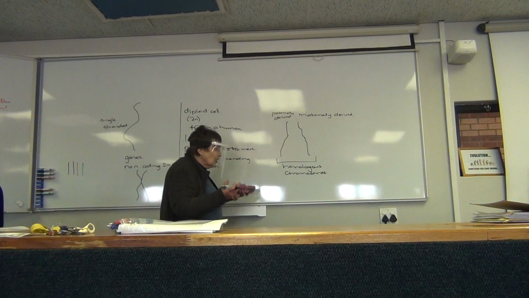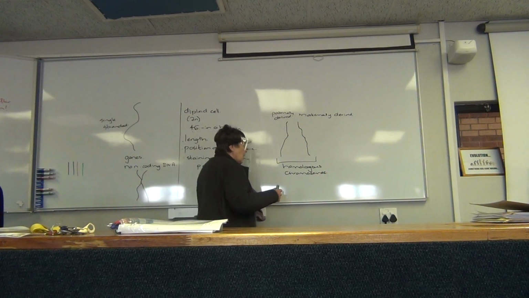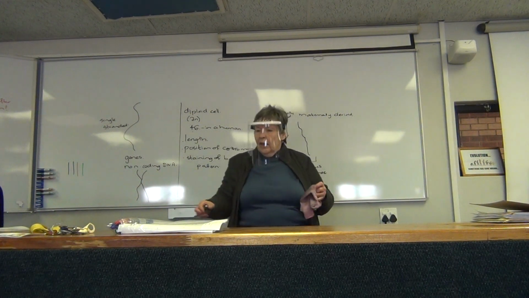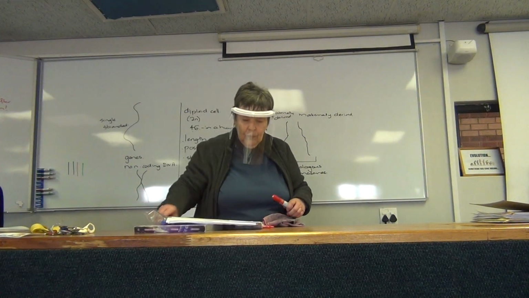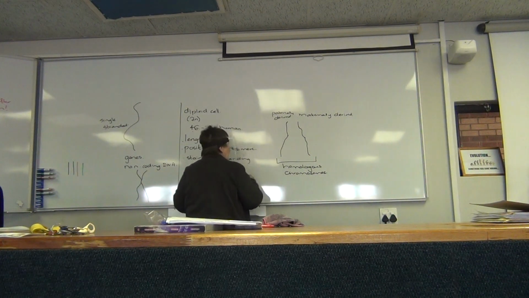It's not possible by just looking at them to see which one comes from which parent, but they are paternally and maternally derived. Then remember that on those chromosomes there are genes, okay?